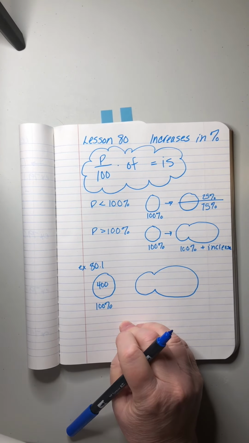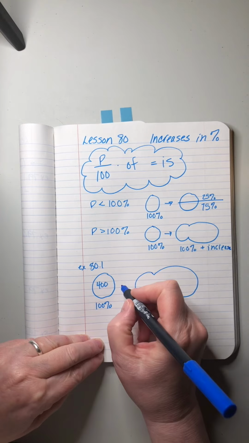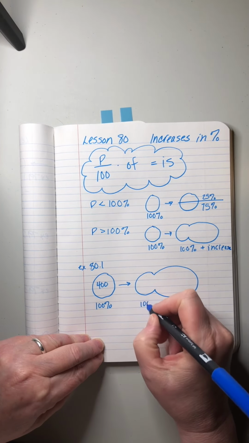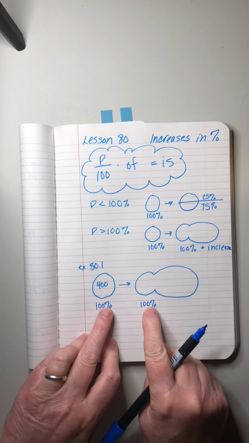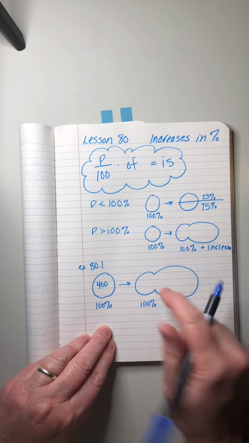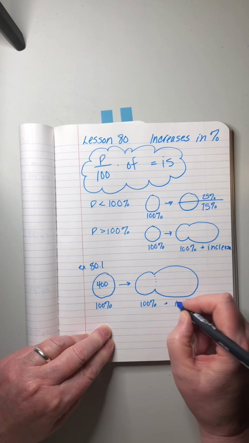Now, it increased 140%. We know that this part represents the original amount. That's the 100% that was there before, right? That's why I make that circle look kind of like the other circle so that you can imagine, okay, that's the amount we started with. But there's an increase.